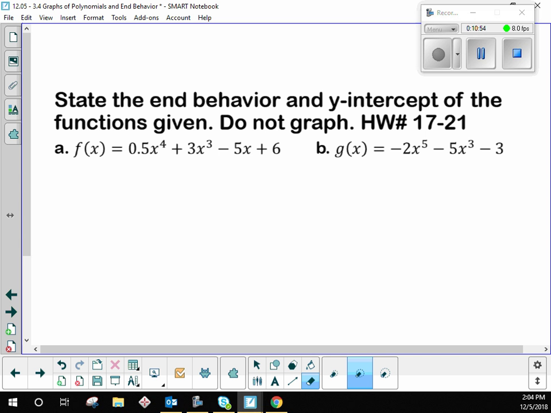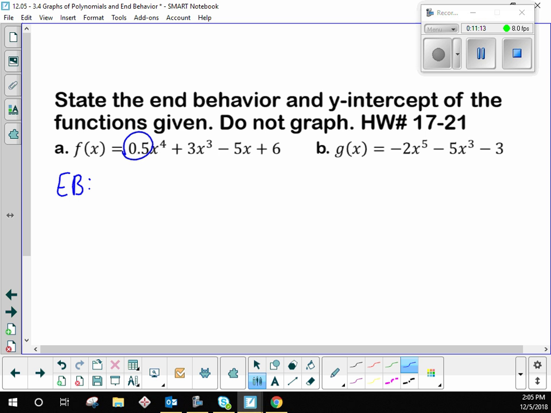This problem is asking me to state the end behavior and the y-intercept of these functions. They're in standard form. The end behavior is based on two things. Is A positive or negative?